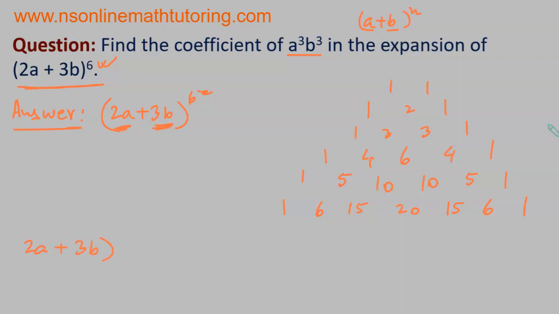plus 3b to the power of 6 is equal to 1 is the coefficient of the first term and times, this is the first term, 2a raised to the power of 6.